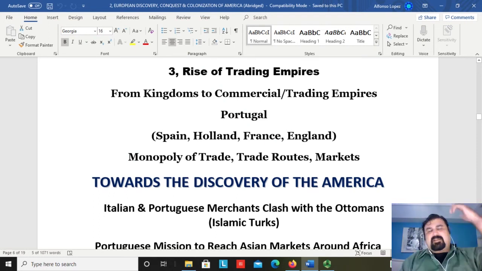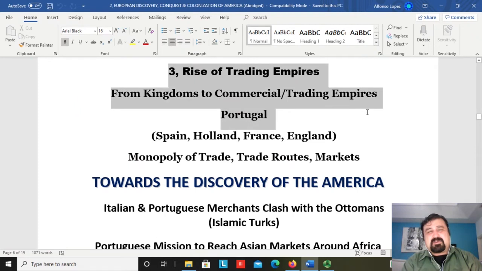So again, the other aspect of mercantilism that is changing Europe is that mercantilism is also transforming the traditional states of Europe that were simply agriculturally operated.